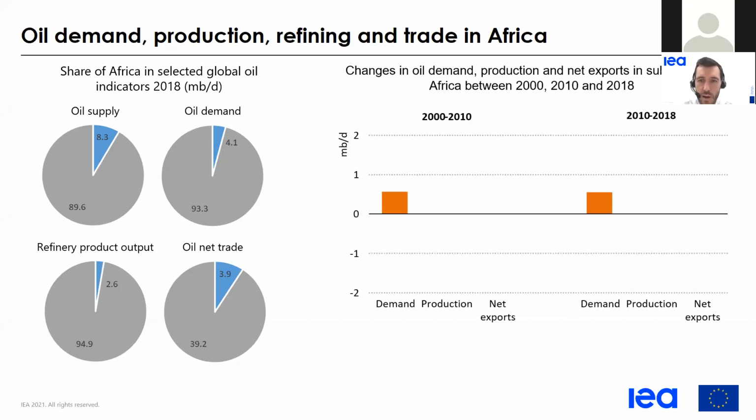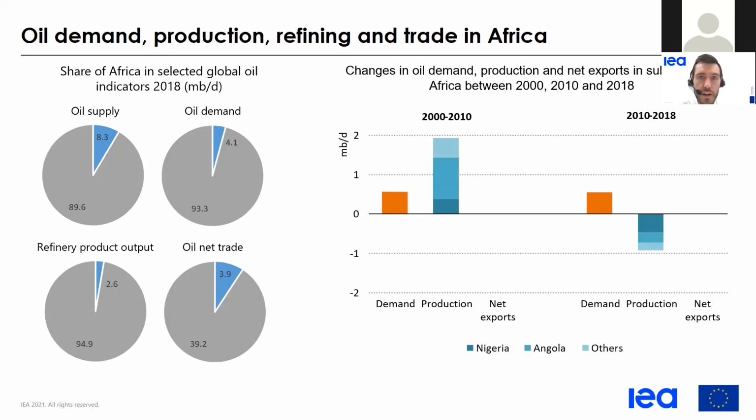Let's have a look at how things evolved in Africa over the past 2 decades. So demand has been continuously growing. The values you can see on the right are the value in 2010 as compared to 2000, and the value in 2018 as compared to 2010. So there's been a steady increase in demand, but it's not the same story for production.